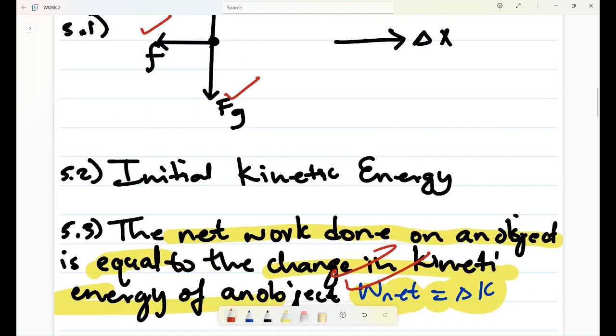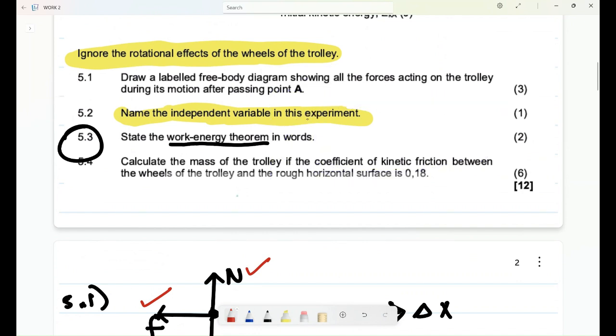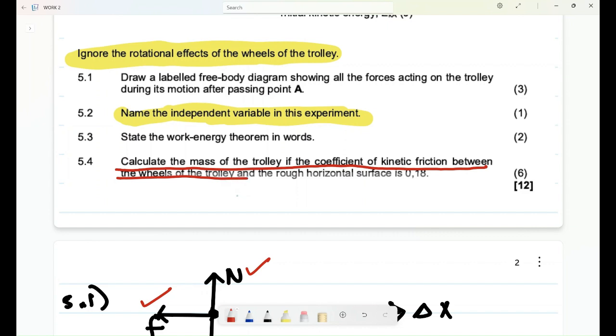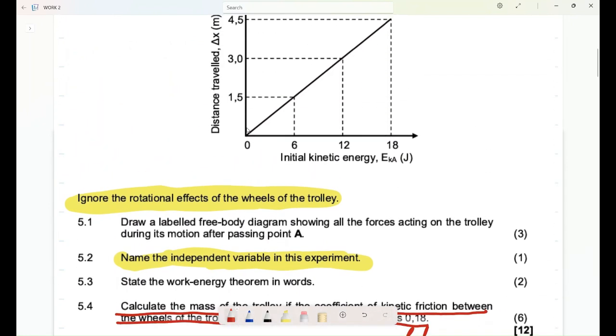Now, let's look at the last question, which is 5.4. 5.4 says to us, calculate the mass of the trolley if the coefficient of kinetic friction between the wheel of the trolley and the rough surface is 0.18. Now we are given mu k as 0.18. Do not be scared of how you are going to start this one.